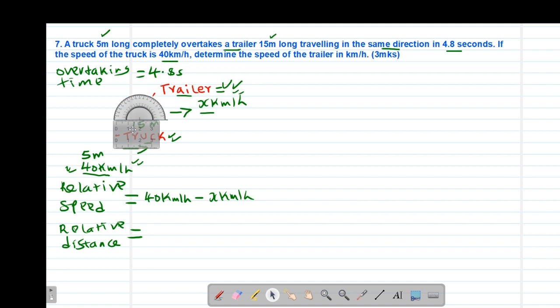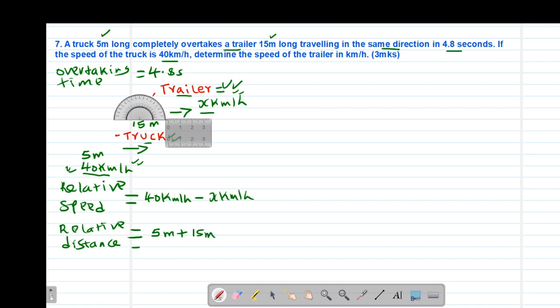When the truck gets to this point, the distance that it will have covered is actually the 5 meters. So this will be 5 meters, then plus. Now for our truck to move from this point up to this point, for it to have completely overtaken the trailer, it means the distance that it will have covered is actually the 15 meters.